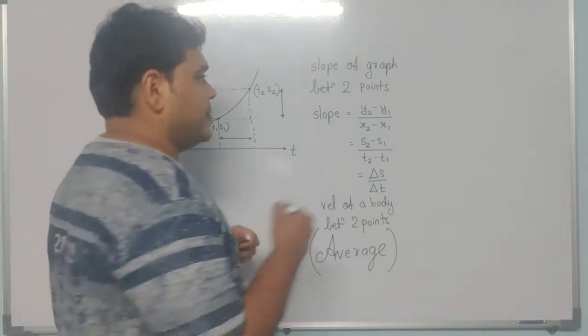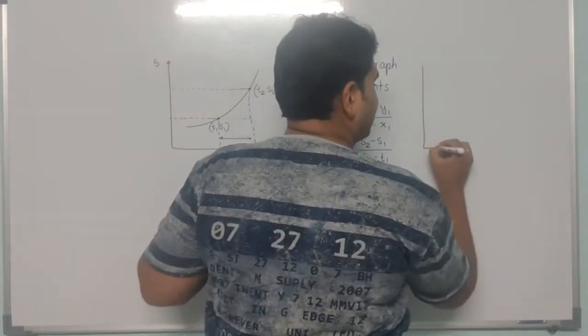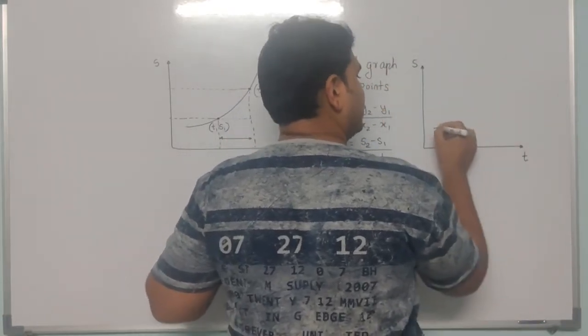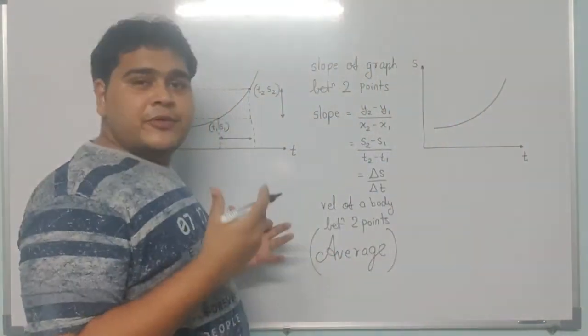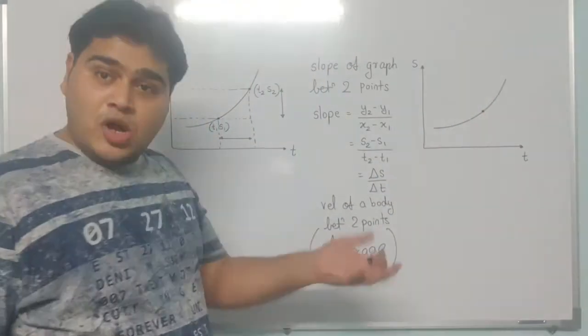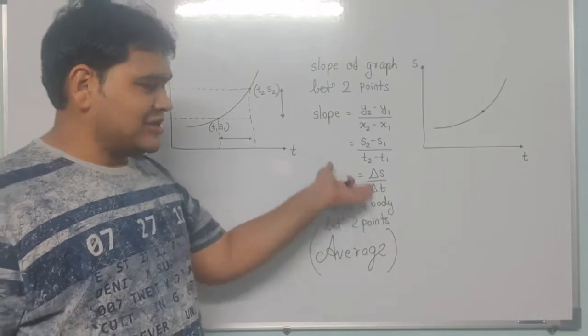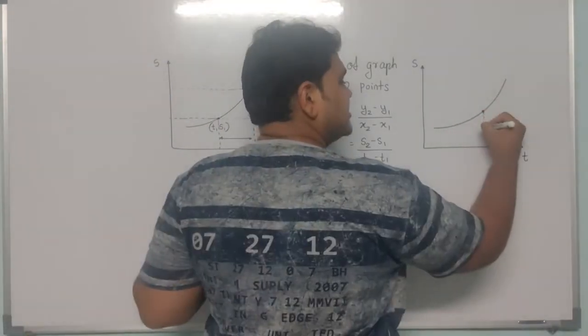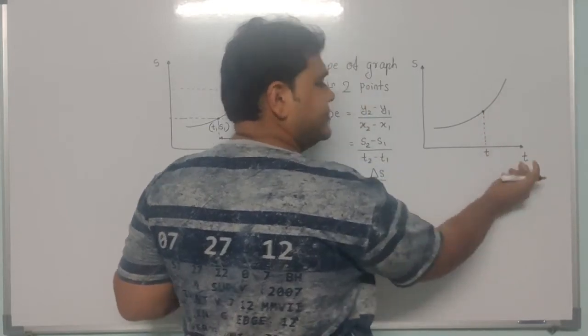Now to do that, I'll draw the graph again of s versus t, the same curve. Now let's say I want to find the slope, or the velocity, because the velocity is nothing but the slope over here, at a given time instant, some t.